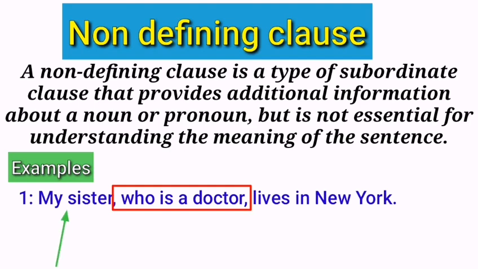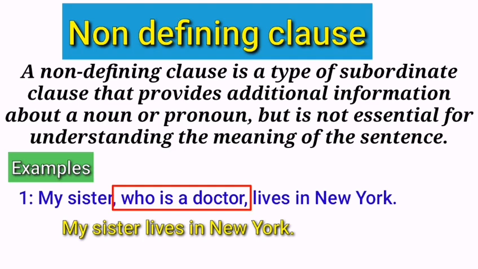The next point is, it is additional information, because if you put aside this clause from this sentence, it will not affect the sentence meaning. Like, my sister lives in New York. And the last point is, this group of words is separated with commas. So, you can see, all the characteristics are available, so that is why it is a non-defining clause.